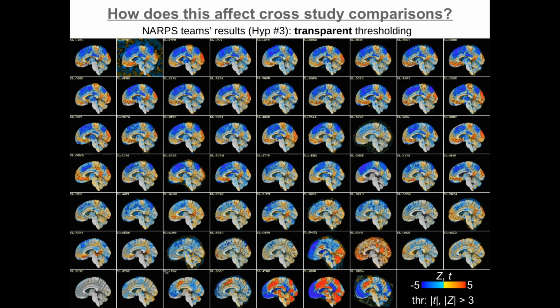And in some of the hypotheses, it was actually fairly confusing because you're talking about reporting on the result, the negative effect of loss, or the positive effect of loss, or the negative effect of gain. And it is true that different teams could choose different signs. And actually in the NARPS paper, the authors discussed the fact that they did have some feedback and choices with teams that had what appeared to be exactly opposite results.